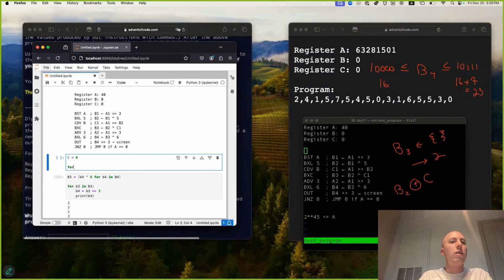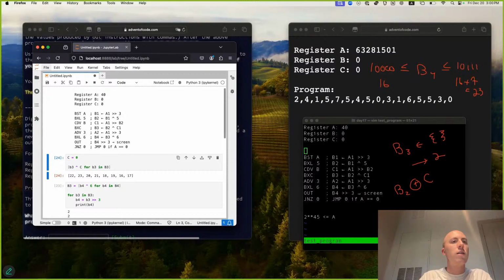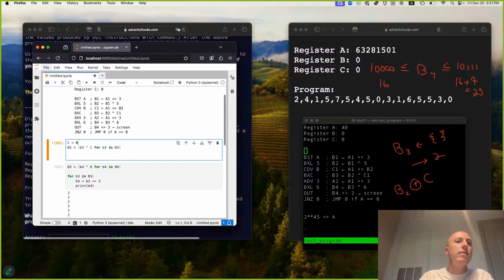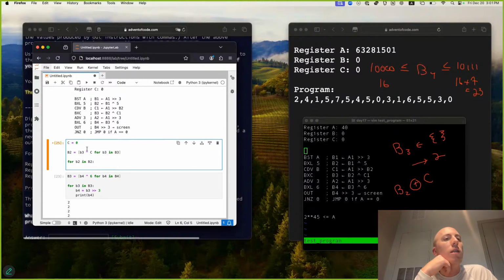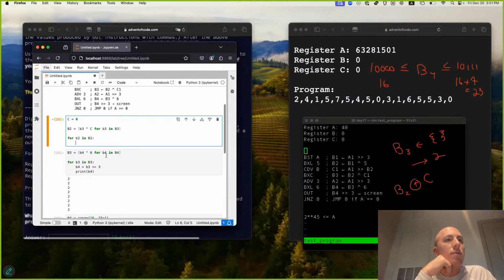So for B3, B3 XORed with C is going to be equal to B2 now. So we got that. Now let's say for B2 in this, how do we get B3?